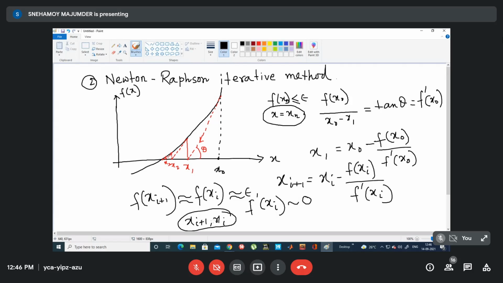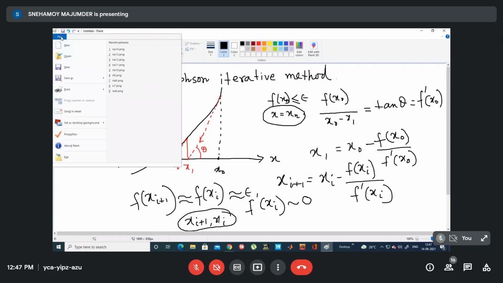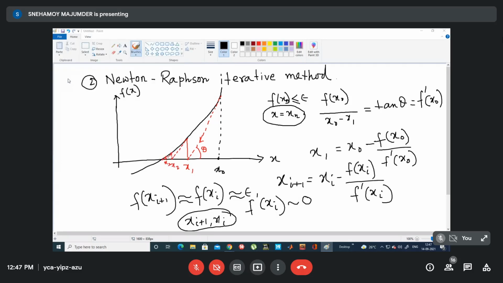But here there is a very important thing. If somehow the initial guess goes off, then you will end up in an endless cycle, or the root will never be found. How? Let me explain that.